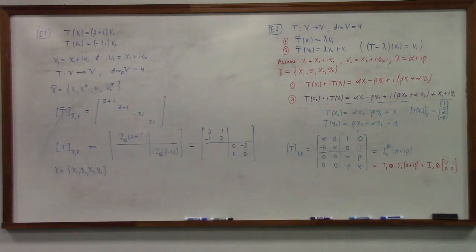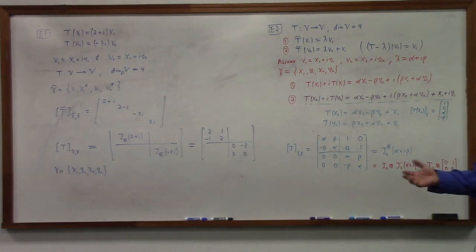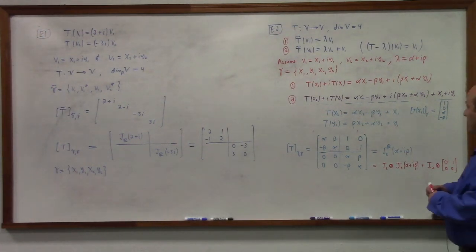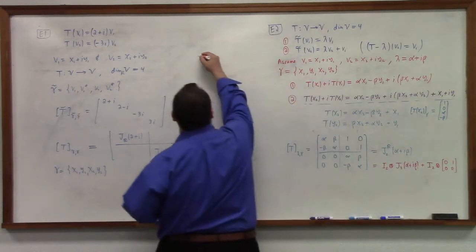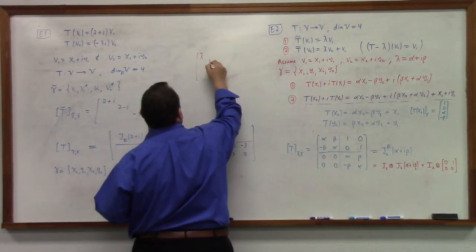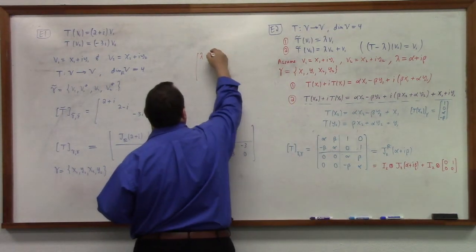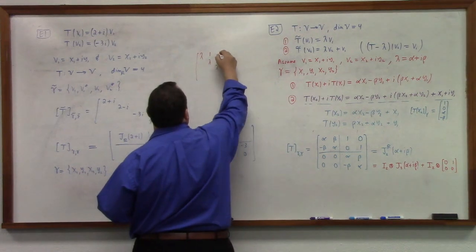For dimension 4, we could have a 4-chain of a real eigenvalue. And then the matrix in that case would look like lambda, lambda, lambda, lambda, with 1's on the superdiagonal.